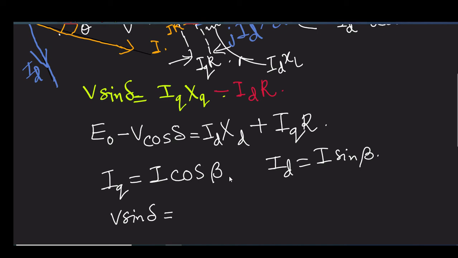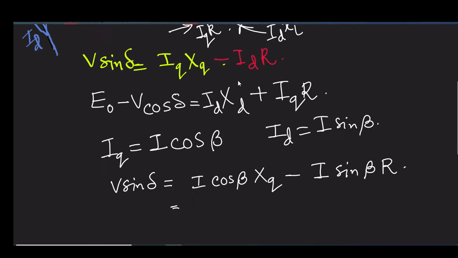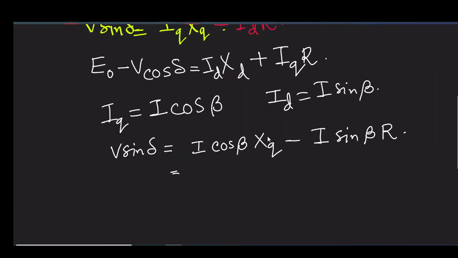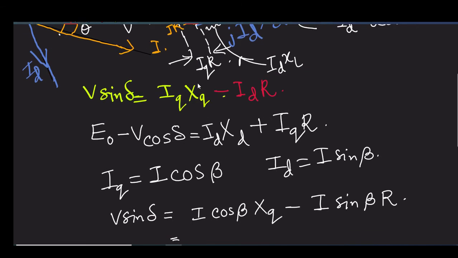So let us write this as I cos beta XQ minus I sin beta R. Now this further, XQ is equal to what? XQ is equal to ZQ sin theta q, right?